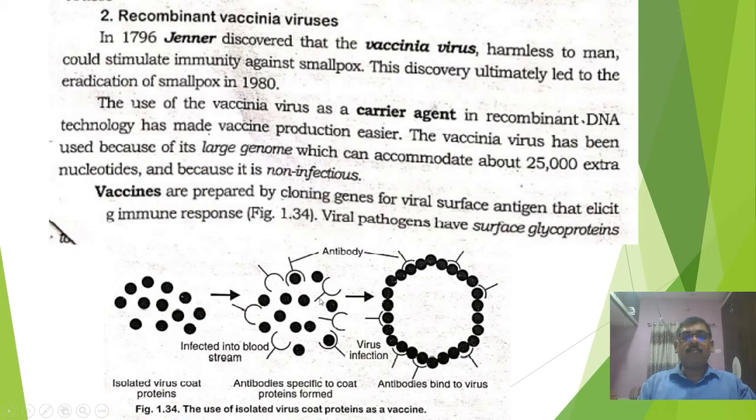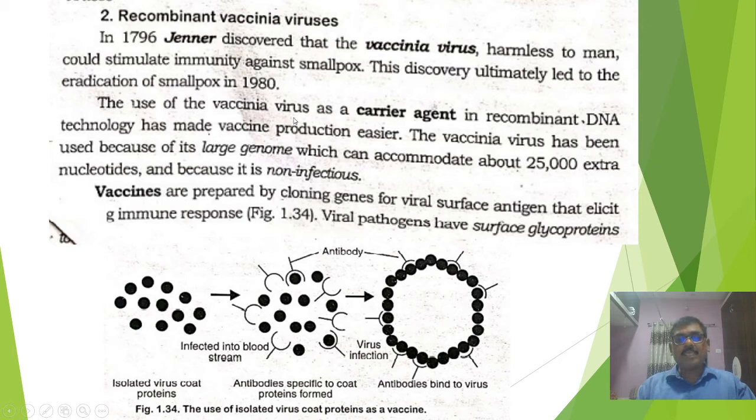The recombinant Vaccinia virus: in 1796, Jenner discovered the Vaccinia virus, which is supposed to be harmless to man and can stimulate immunity against smallpox. This discovery ultimately led to the eradication of smallpox in 1980.